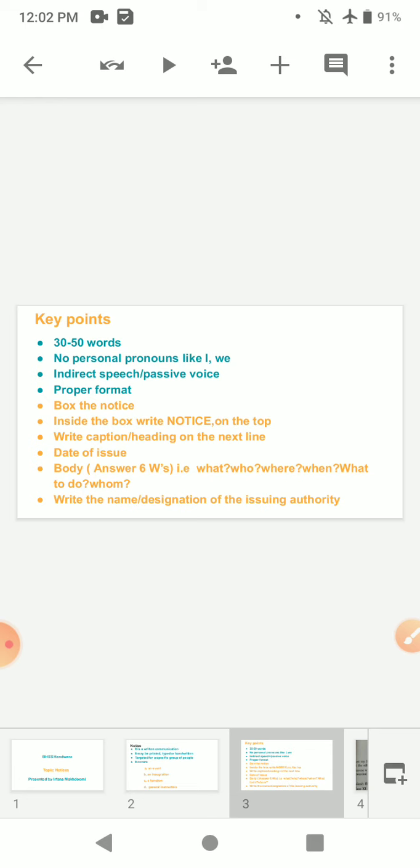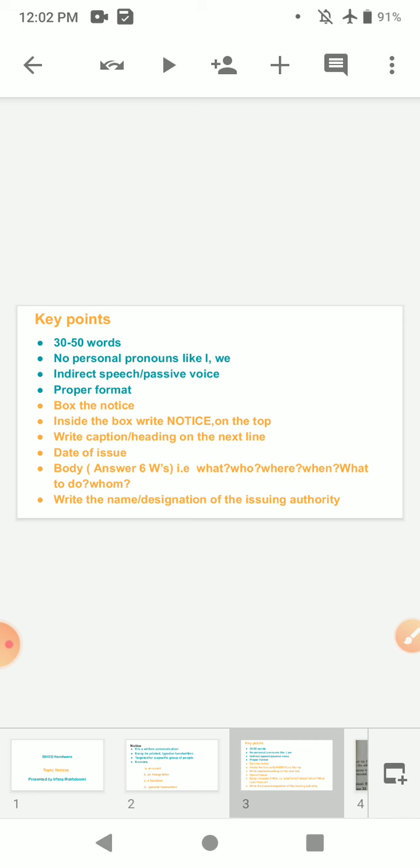Then you write the caption or heading on the next line, and it should be short, clear and catchy. Then you write the date of issue, the date on which you are actually writing the notice.